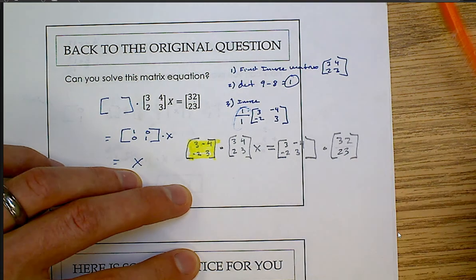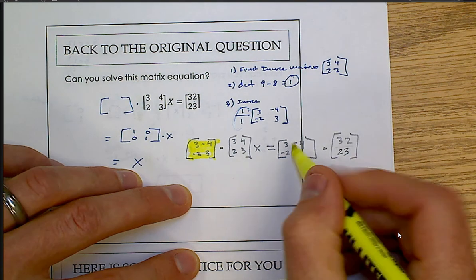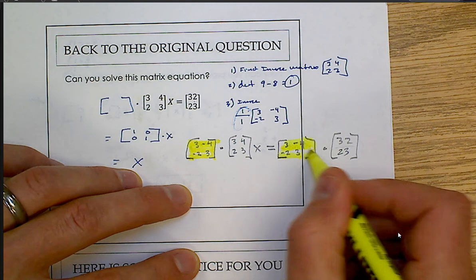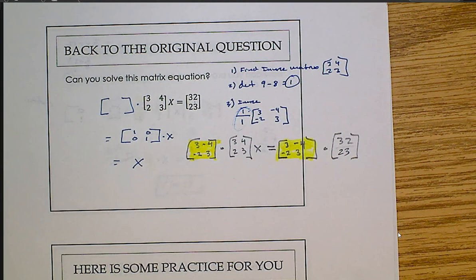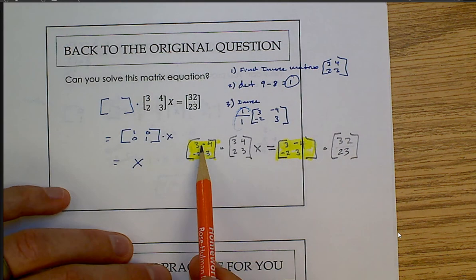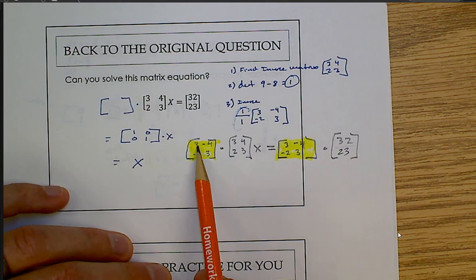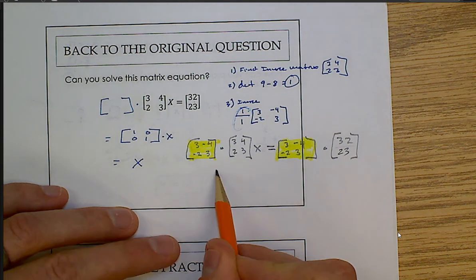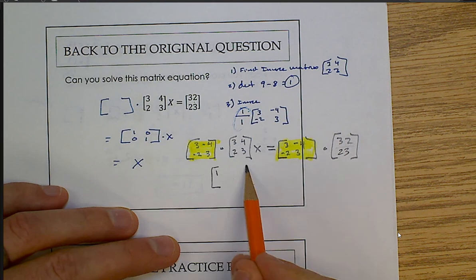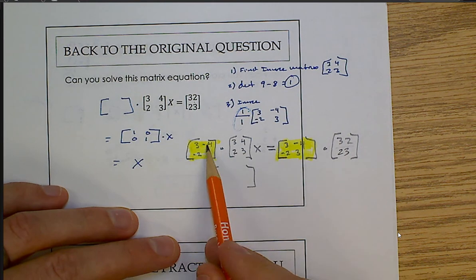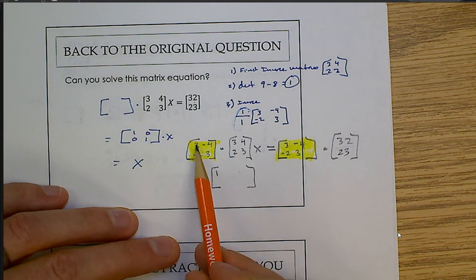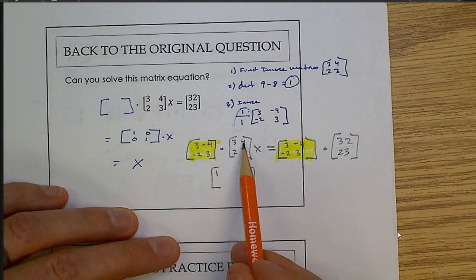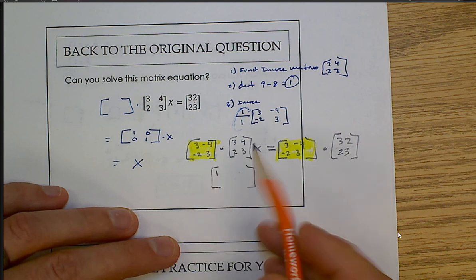Okay? A lot of students will miss this step, and they'll screw this up when they go to solve. If you multiply these two together, 3 times 3 is 9, negative 4 and 2 is negative 8, so you get 1. If I want to find this element here, first row, second column, 3 times 4 is 12, negative 4 and 3 is negative 12, that gives me 0.